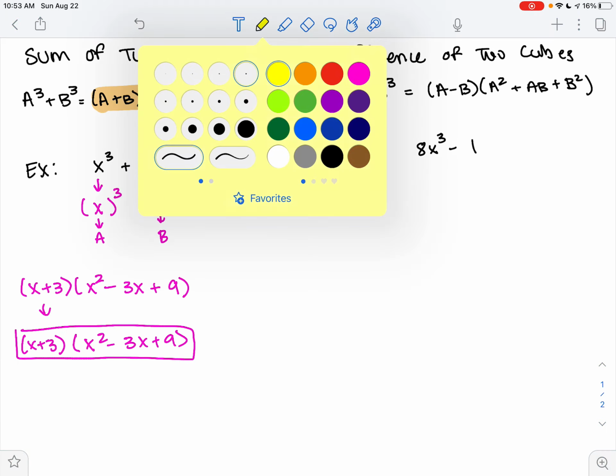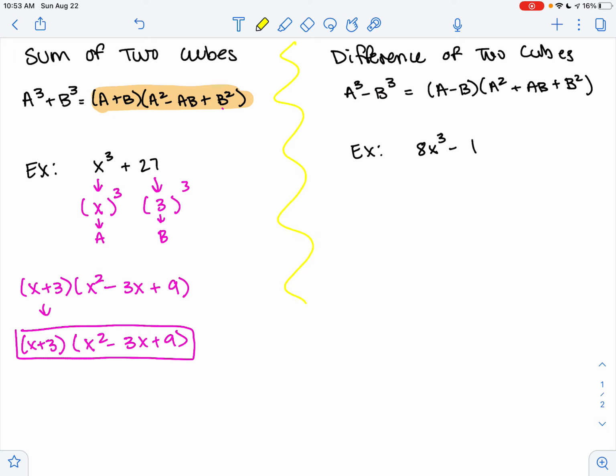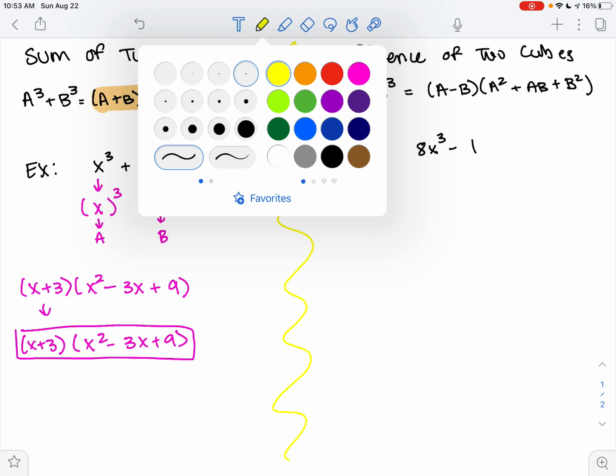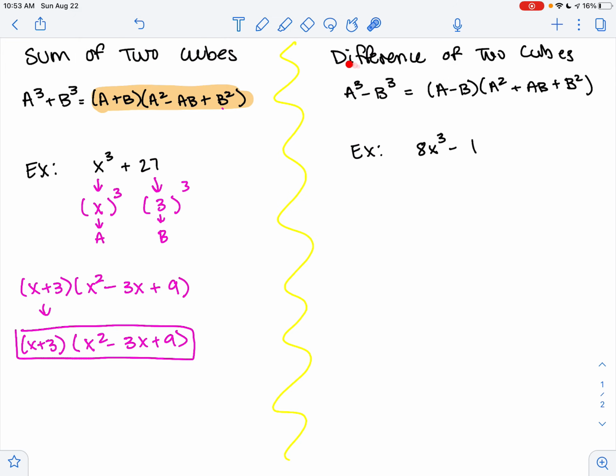Let's try this again, but now let's look at a difference of two cubes. So here, a difference means that you are subtracting two cubes. Again, this is the rule that we're going to be following. Unfortunately, there's no special trick. You just need to know this rule. So on this example, I have 8x cubed minus 1.